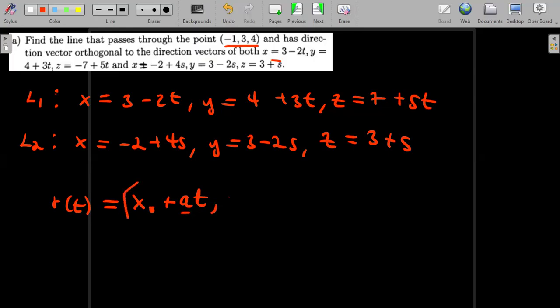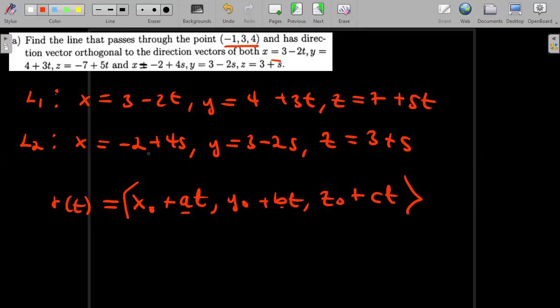Then I'll have y as well as y naught, a point there, and b, the direction, and z naught plus c t. So this here is the general form of a line.